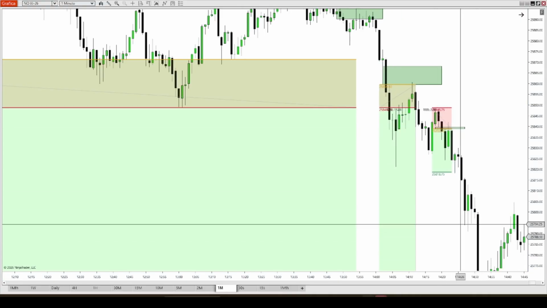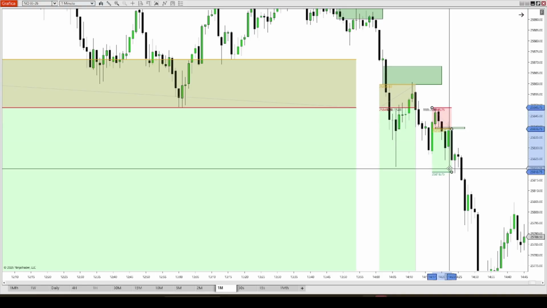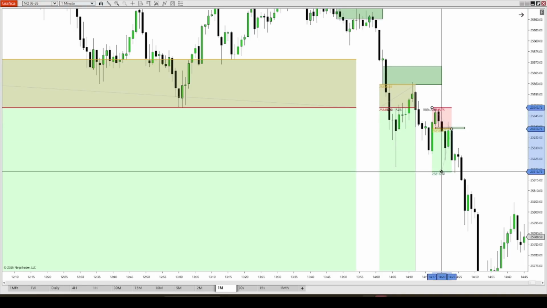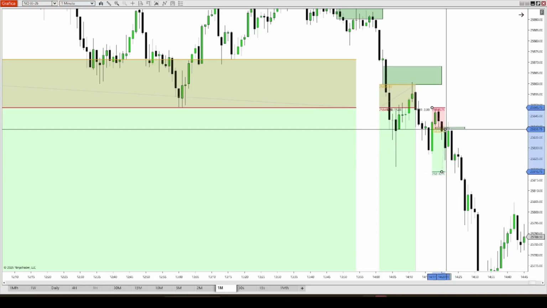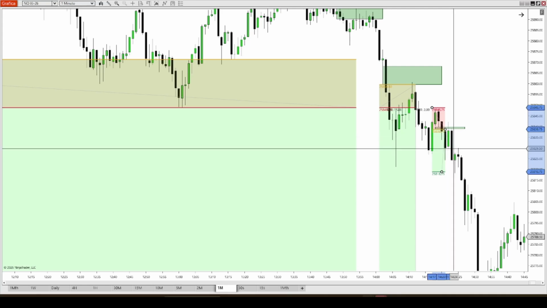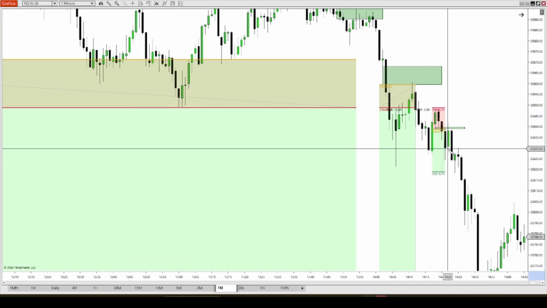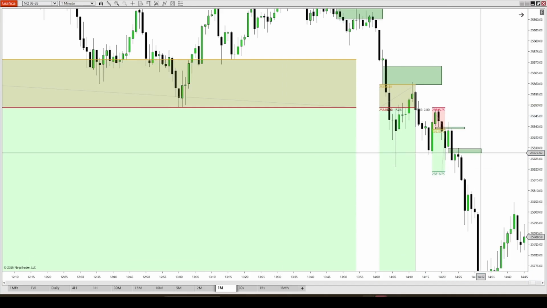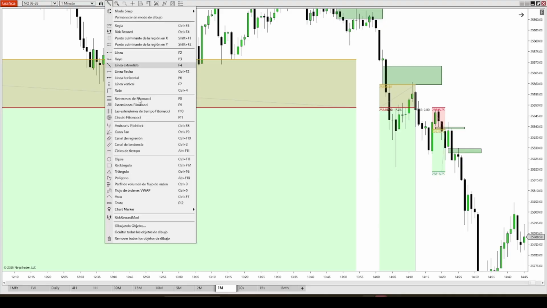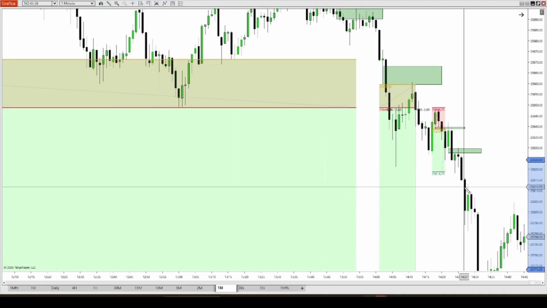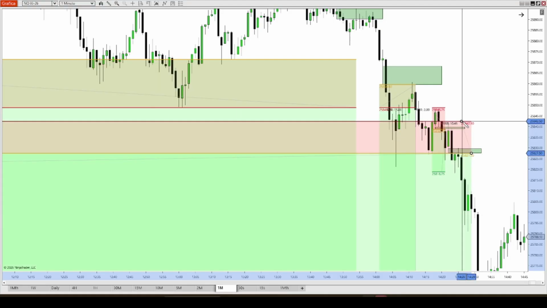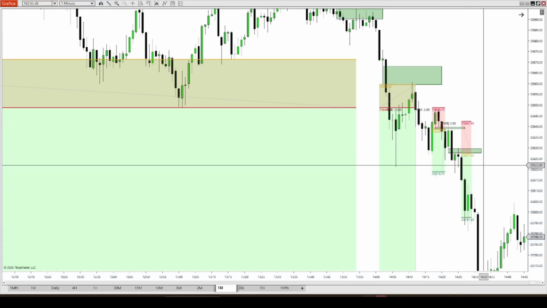So we continue the analysis, and right here we see yet another order block with a fair value gap. So your CV is right here, right there. So the entry and your stop loss is at the top of the order block.